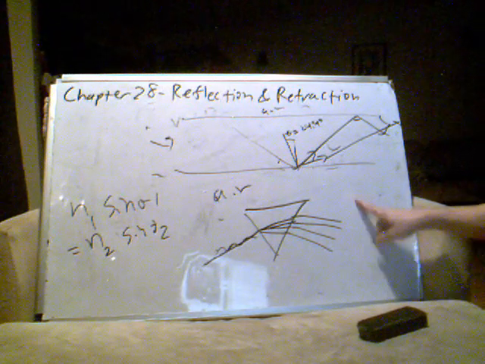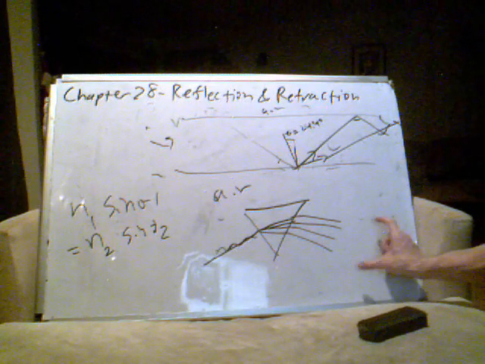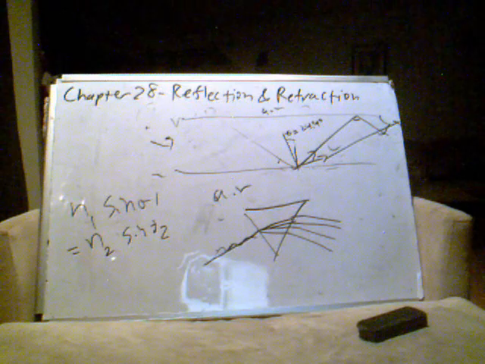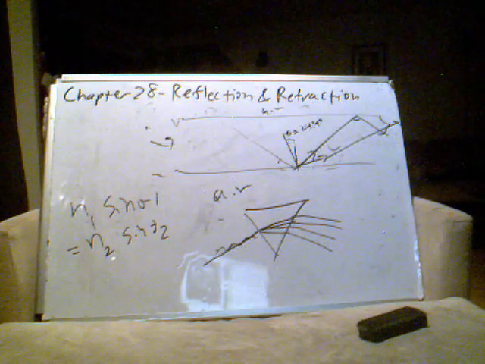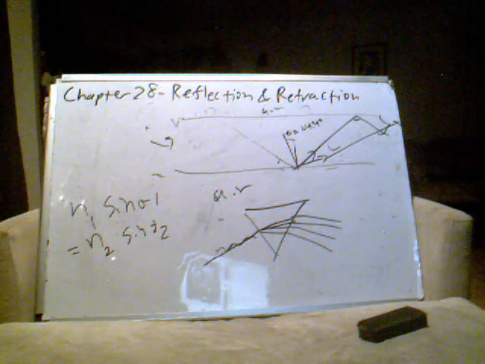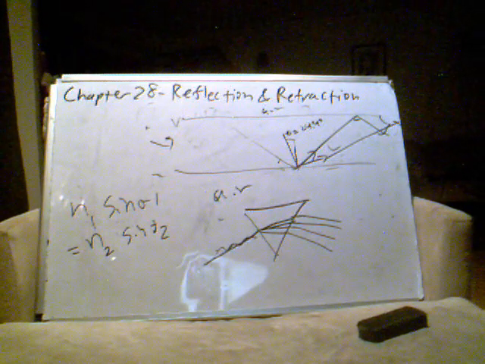That gives rise to this dispersion phenomenon, this thing where we see all the different colors of light. Like I said, I don't have the equipment here to demo dispersion for you, but I did put a link to it on the Chapter 28 lecture page.